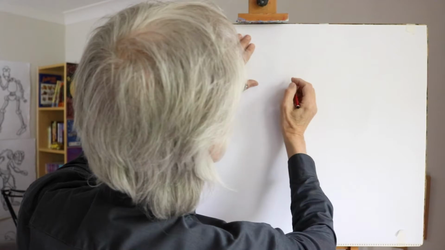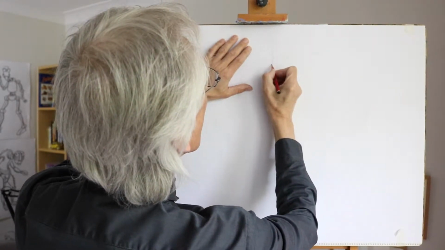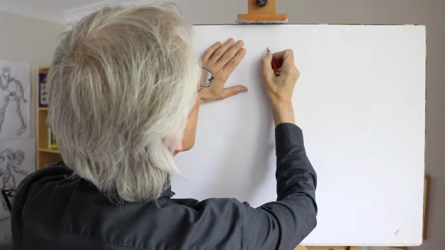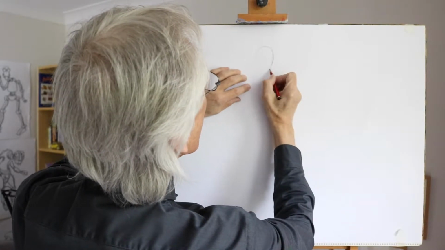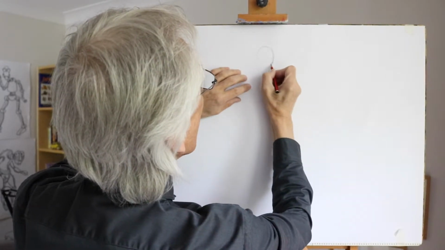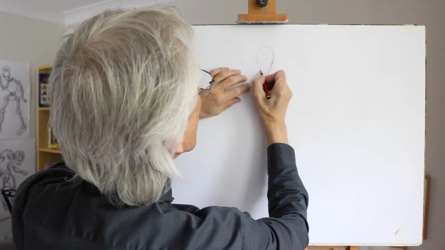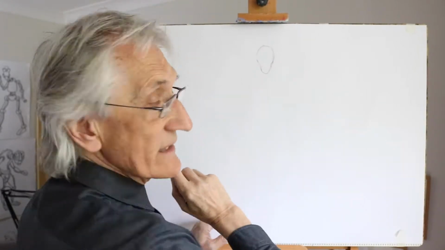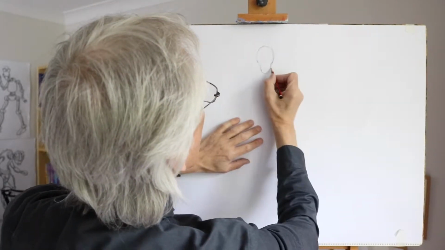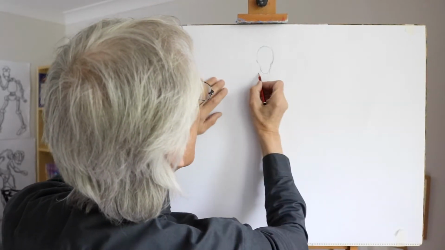Now we start off with a longish head, again kind of narrow and skull-like, you know, with high cheekbones coming in, something like that. See, that kind of head there, all right? And the neck coming in about there.